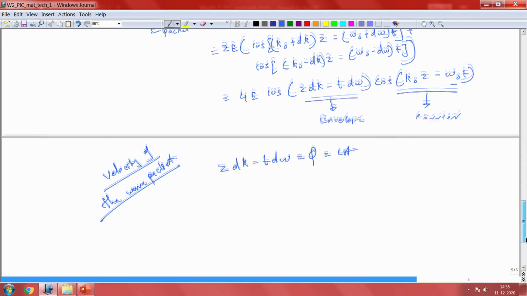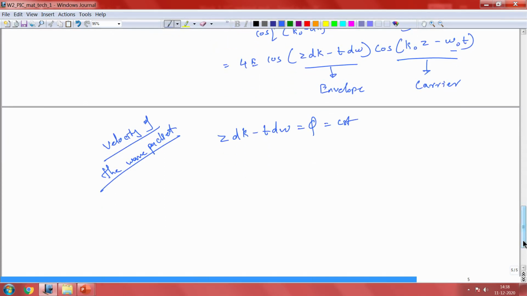Because the waves are moving as a group, we can call this the group velocity, and that velocity is given by dz over dt. If we look at the velocity here, it gives you d omega over dk.